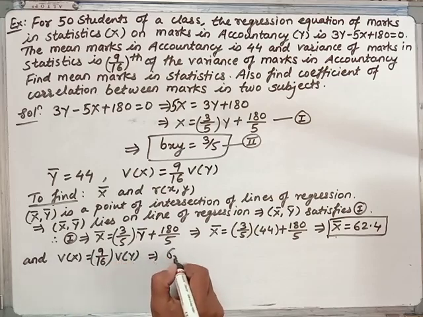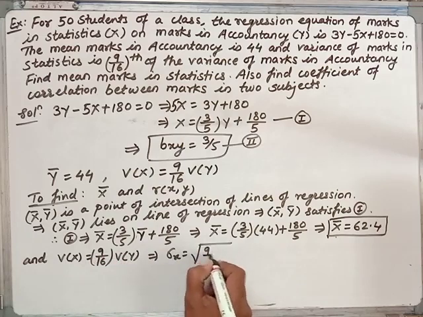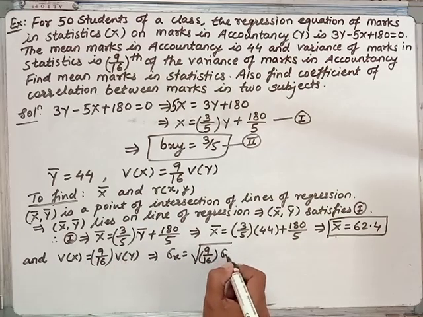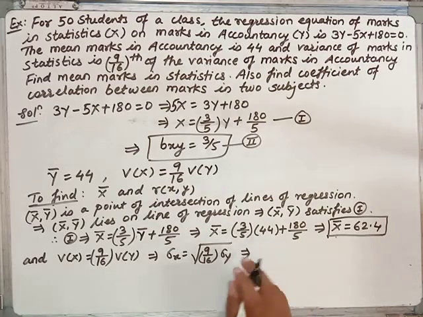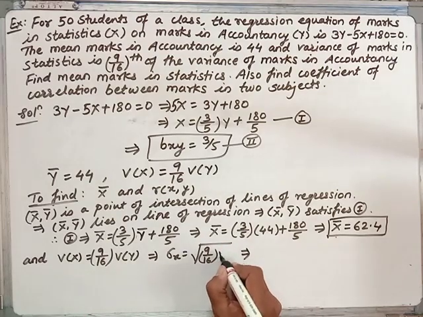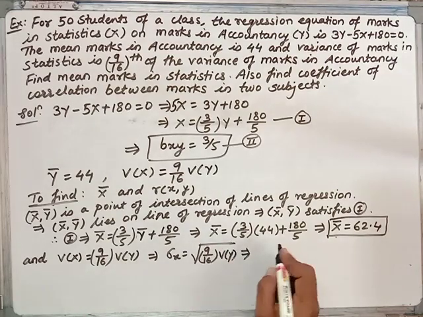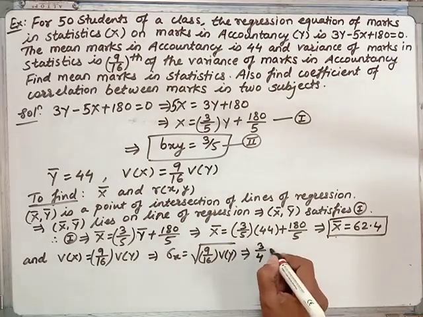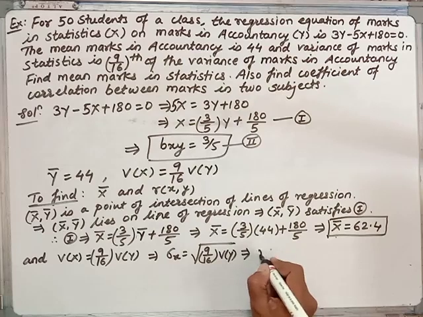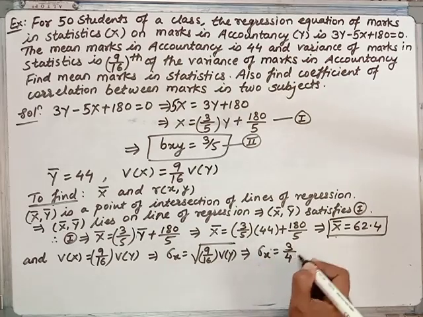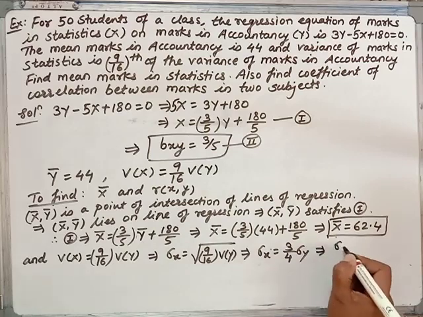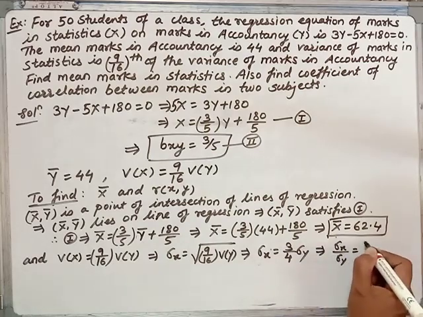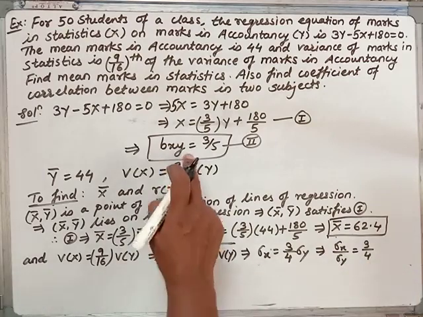That is the same as sigma x equal to root of 9 by 16 times sigma y. So 9 by 16 times variance of y, this is 3 by 4 times sigma y. Variance is in the square root and sigma y is outside the square root. So this gives us sigma x upon sigma y as 3 by 4.